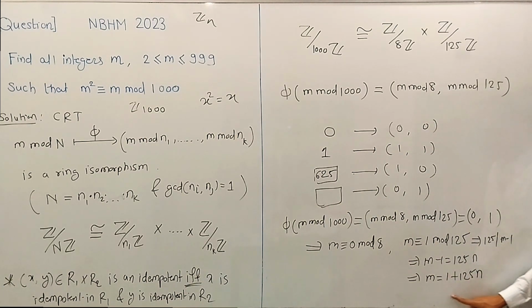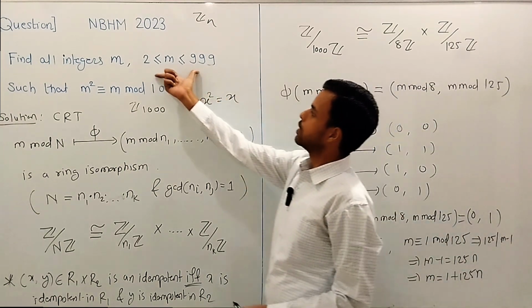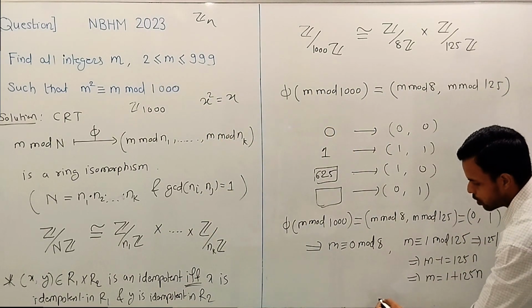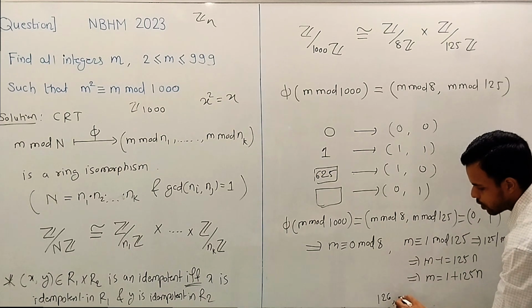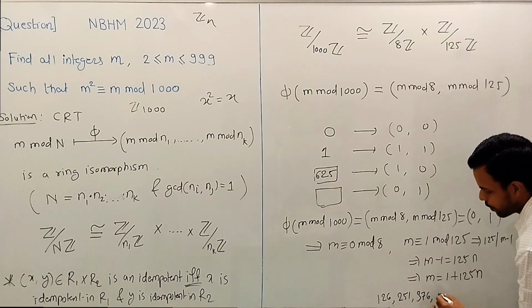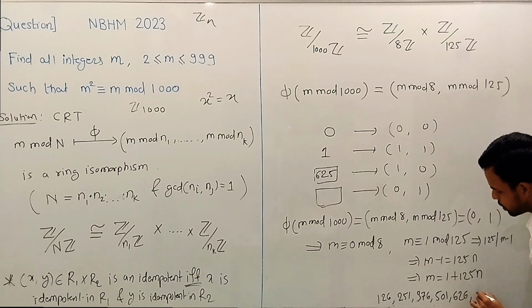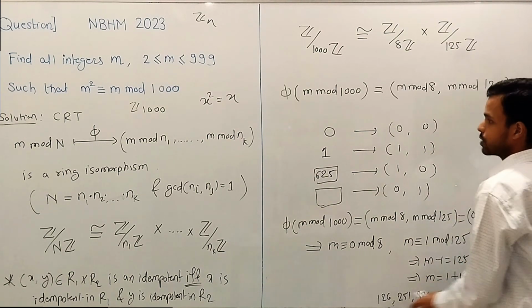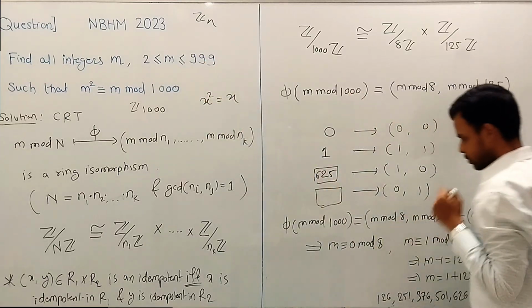So m is a multiple of 125 added to 1, and the range of m lies in this. So possible values of m are, as we have seen earlier, 126, 251, 376, 501, 626, 751 and 876. These are the only possible values of m which satisfy this and which lie in this range.